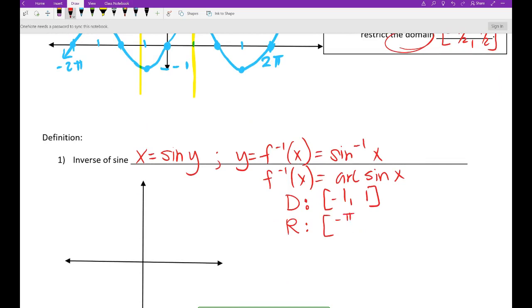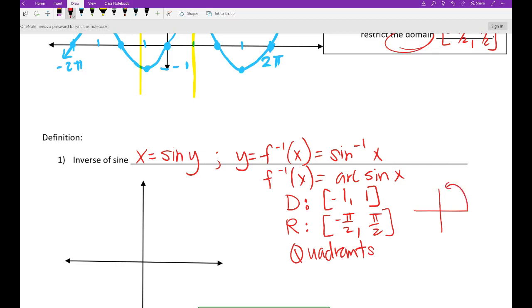I'm also going to spell out the quadrants, okay? Because sometimes I mention quadrants and sometimes I may mention the range. What two quadrants is sine inverse in? Where's pi over 2 at? Top, bottom, right, left? Top.